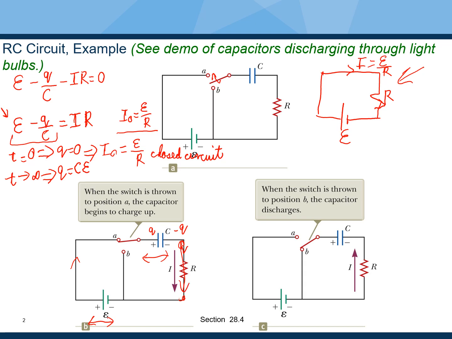So we see that at a much later time, we have zero current in the resistor, which basically means that at a much later time, the capacitor behaves exactly like it would if you had just two simple plates with nothing going between them, namely the capacitor behaves like an open circuit.